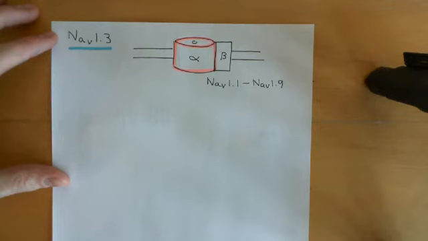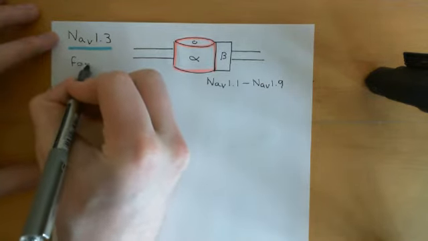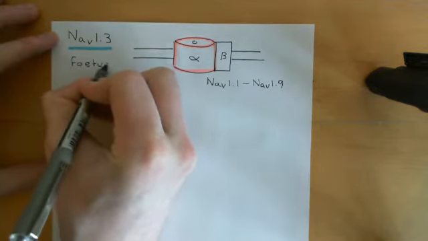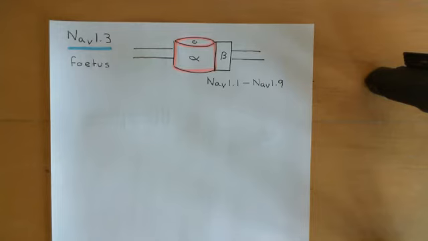Now, NaV1.3 is a weird alpha subunit of voltage-gated sodium channels. It's not widely expressed in the adult human that much at all, but it is hugely important in development. So really, we can categorize NaV1.3 as a fetal alpha subunit of voltage-gated sodium channels.